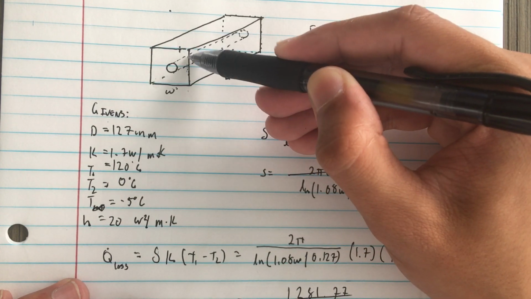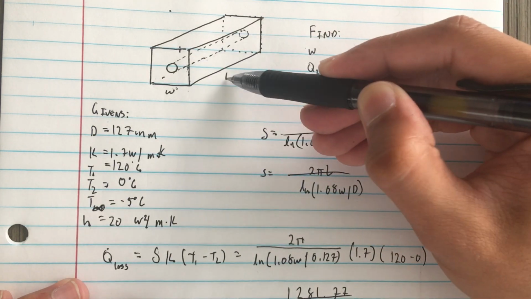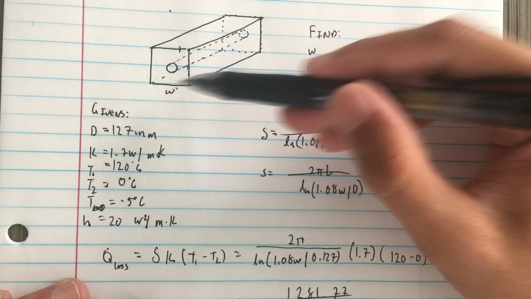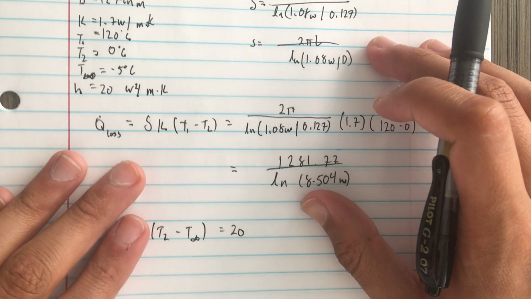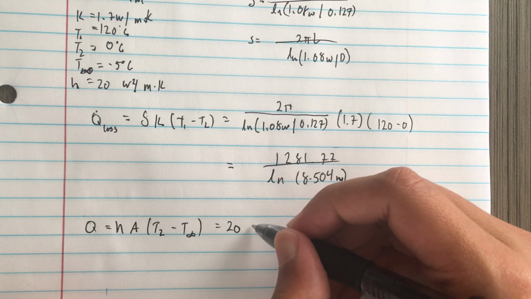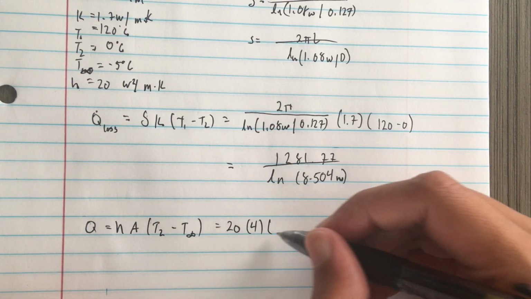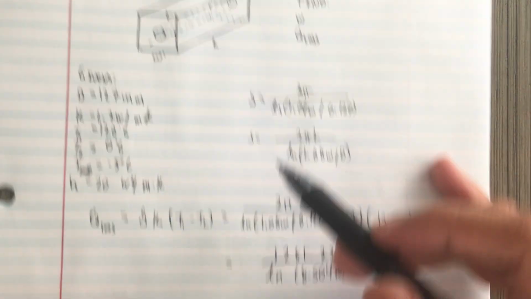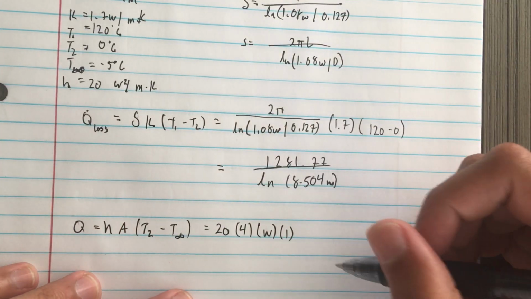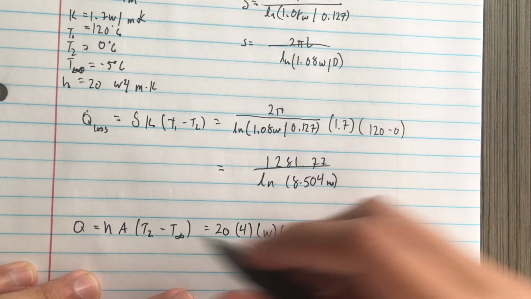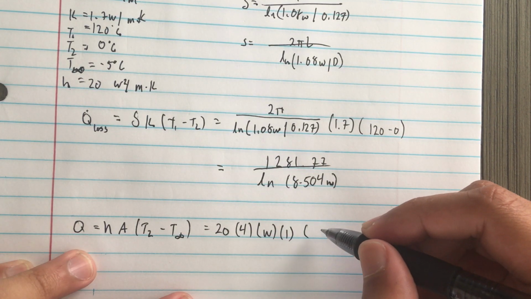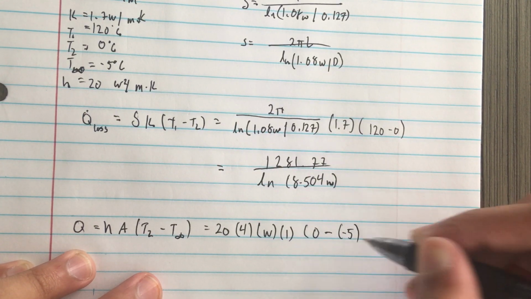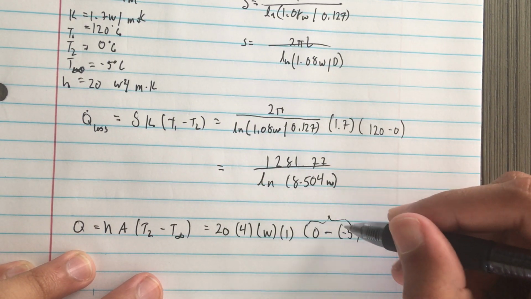So it's just W times L times 4, basically. So it's 4 times the width times 1, since we're doing per unit length. That's what this L is. And then we have T2, which is 0, minus T infinity, which is -5. So that just ends up being a 5.